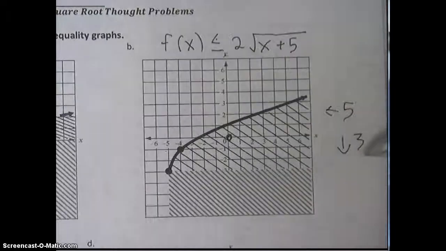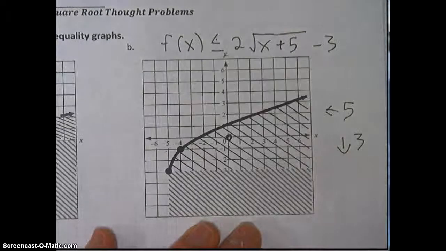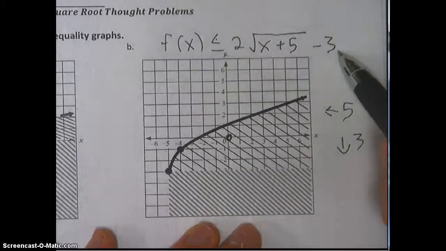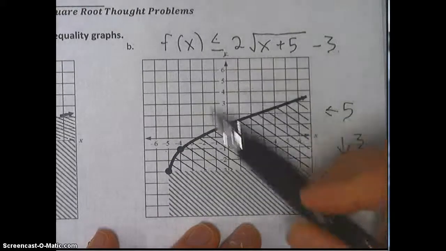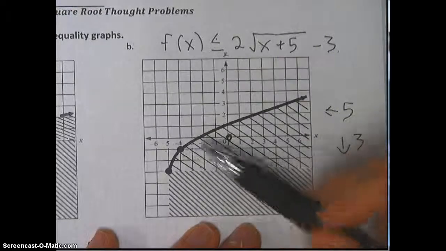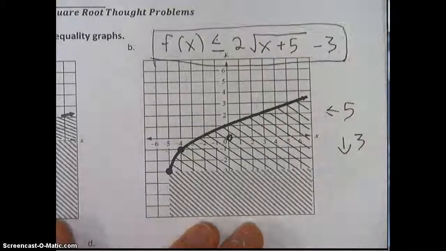Now to make it go down 3, on the outside of the square root, we might write minus 3. Because on the outside of the square root, it's up and down. The movement is up and down if it's plus or minus. If it's multiplication, that's when you get your vertical stretches or vertical compressions. But this is the answer.